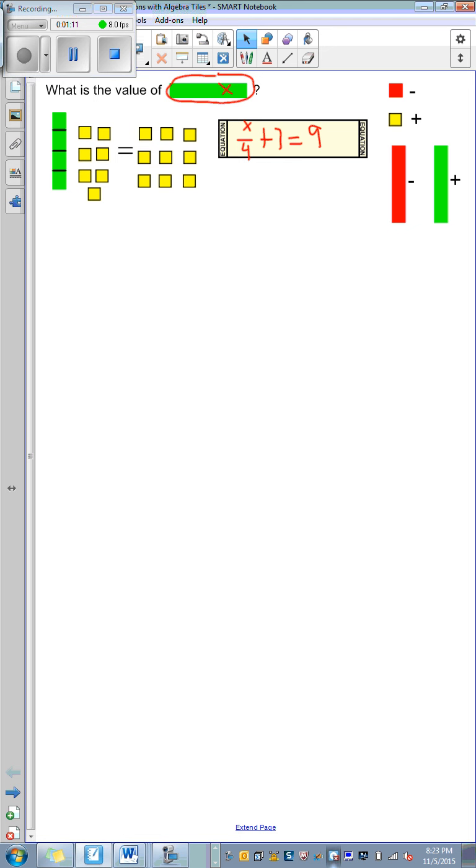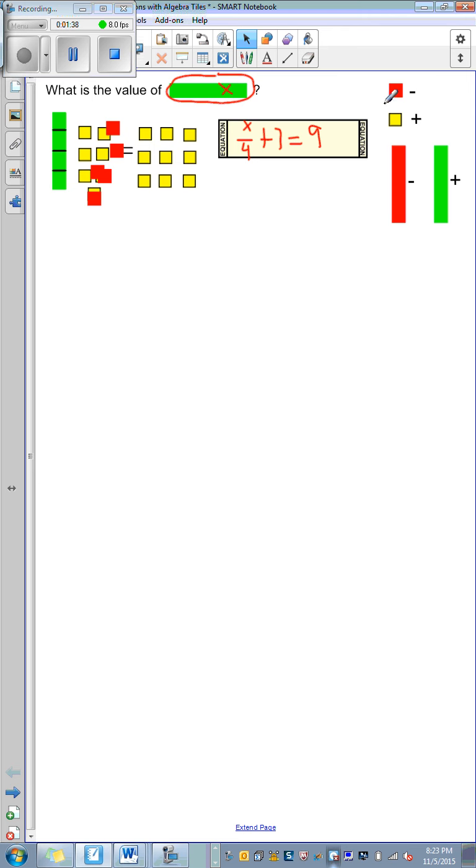So we want to look at what we will do with our algebra tiles. When we are solving, we know that in order to figure out x, we have all of these individual ones first, and we want to figure out how to get rid of them. Well, we learned about zero pairs in Math 7, and so we know if we make zero pairs here, they will cancel out.